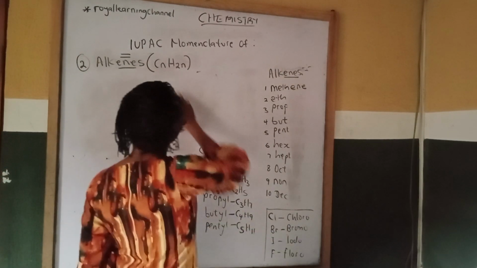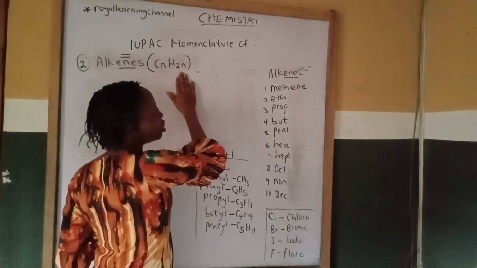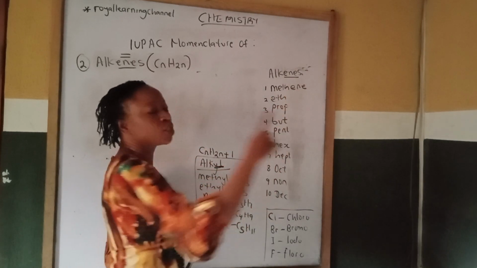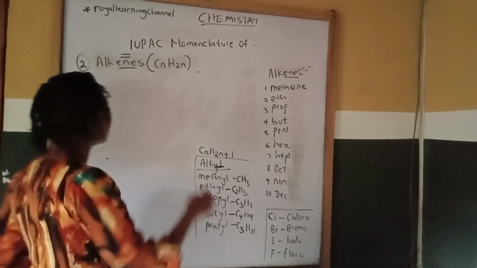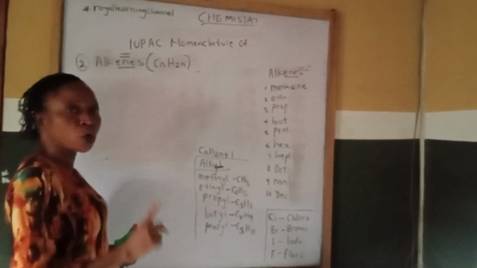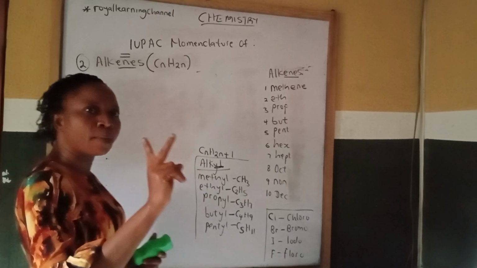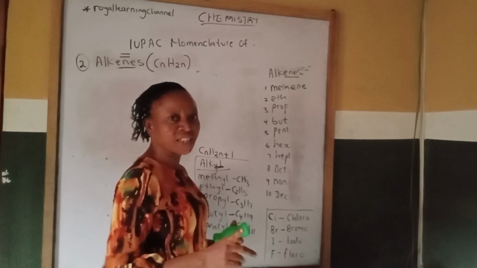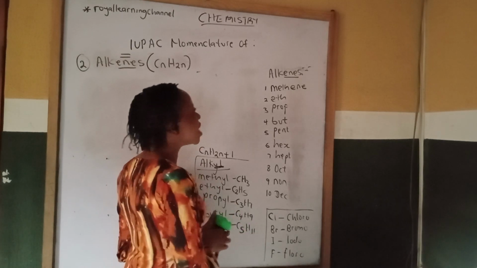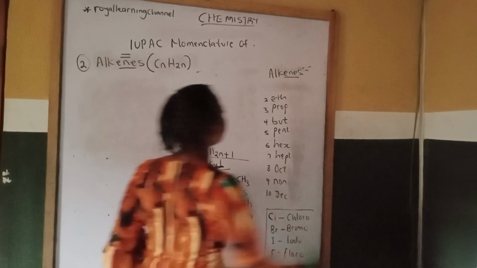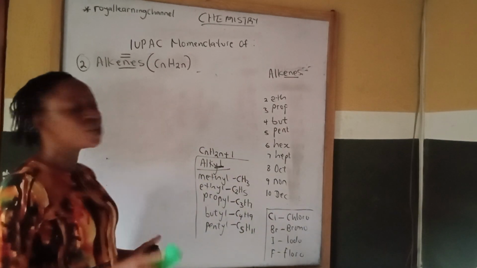If you use the general formula to derive the molecular formula for methene, methene will contain just one carbon atom, and this ene, which is the double bond, must be joined together by 2 carbon atoms. That is why there is nothing like methene under alkene.